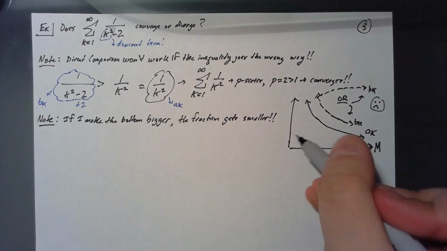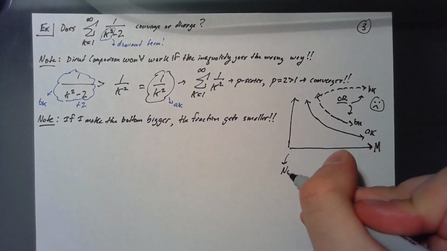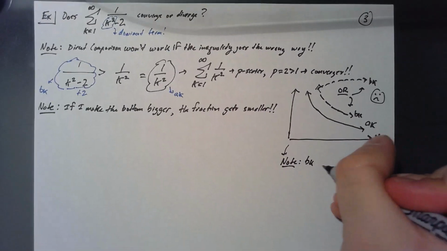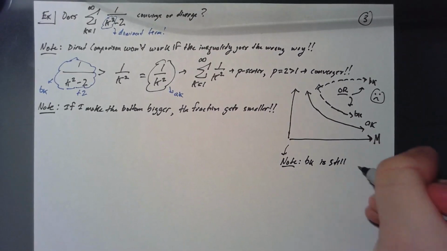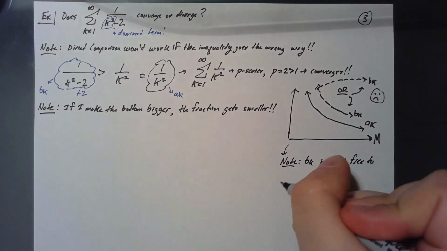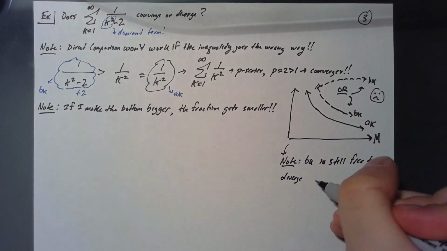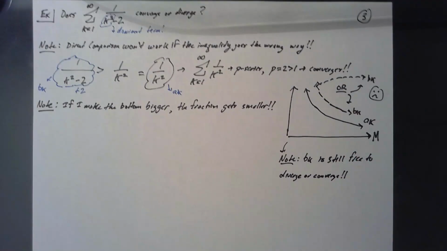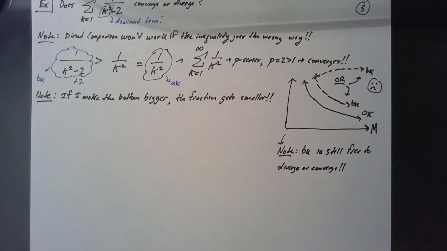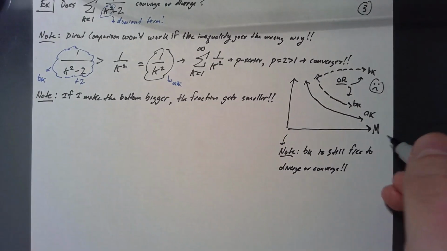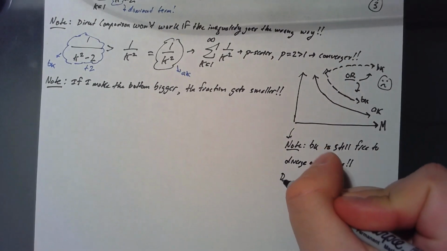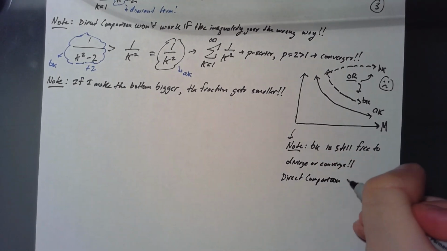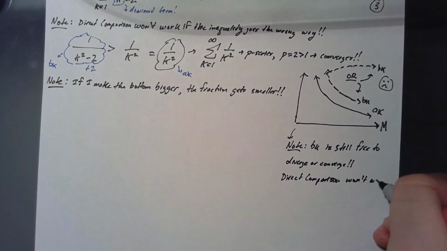So let me just make a note here. Note: b of k is still free to diverge or converge. So because of that, direct comparison won't work here.